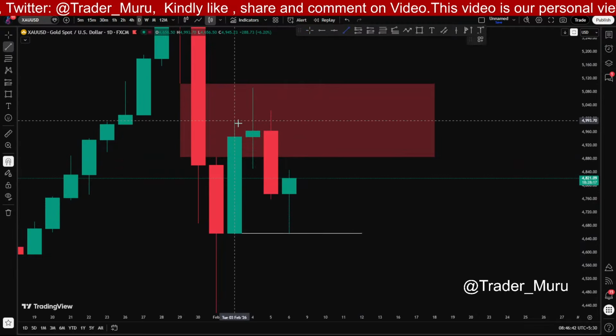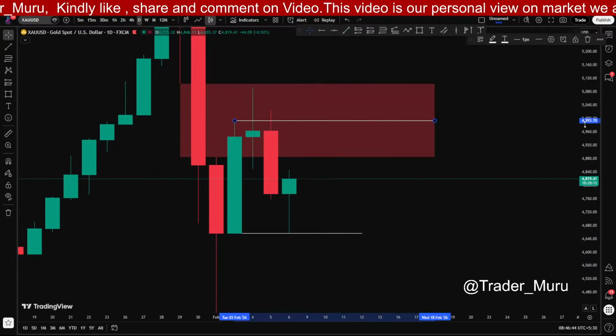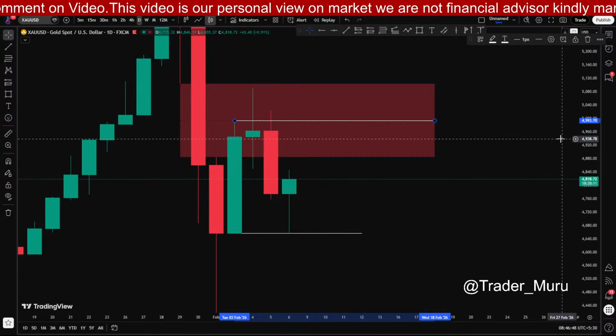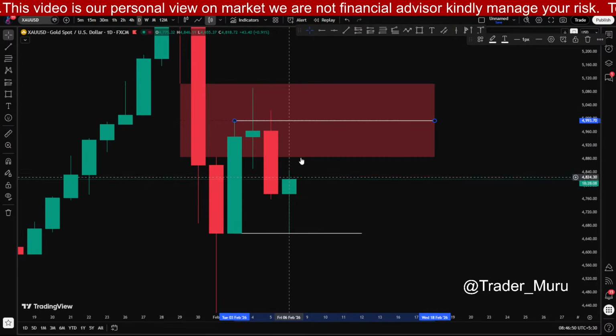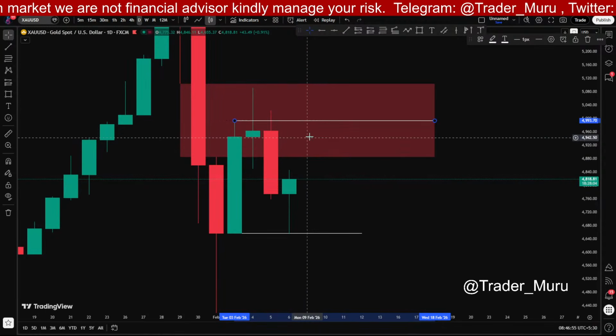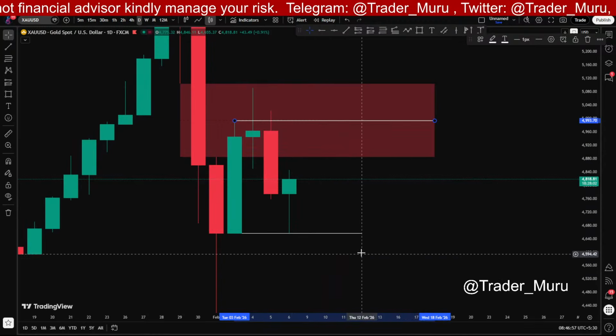So the first target for this pump should be near about 4993. That will be the target for this bounce if this holds. After that we can see the next drop soon.